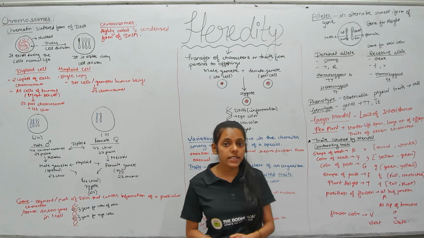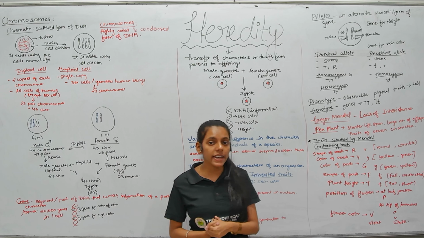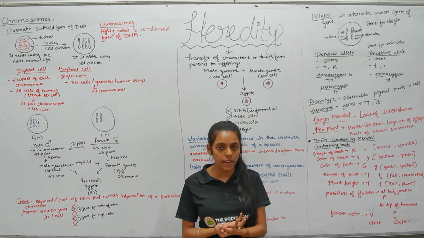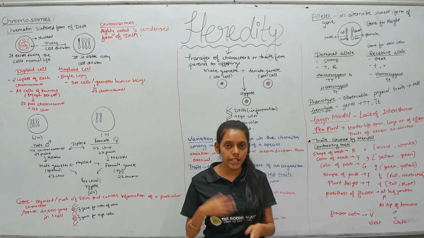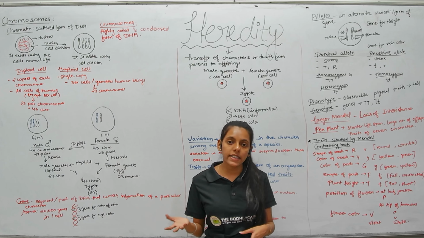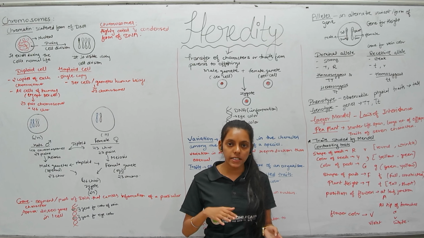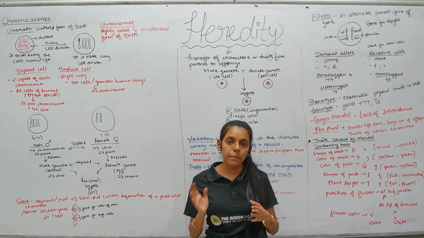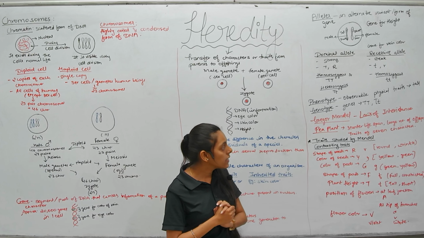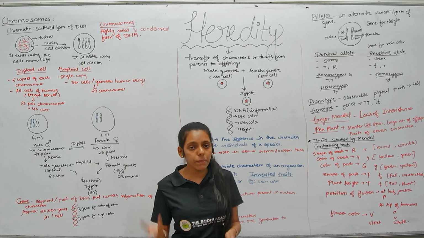there was a scientist called Gregor Mendel, and he gave the laws of inheritance. So what he did was he took pea plants and grew them, and he wanted to study whether the characters are passed on from one generation to the other, meaning from the parents to the offspring and then further on. Then why did he choose the pea plant only?